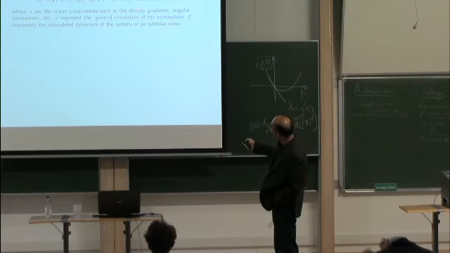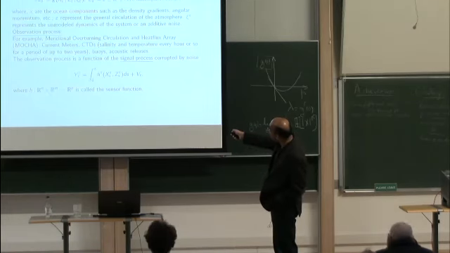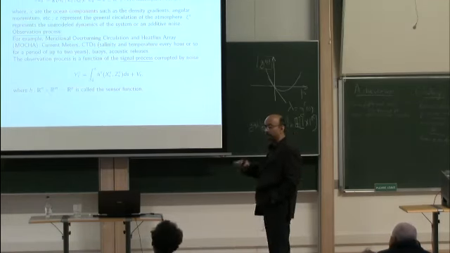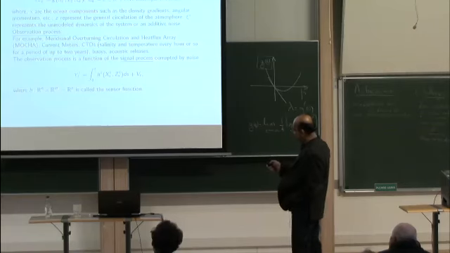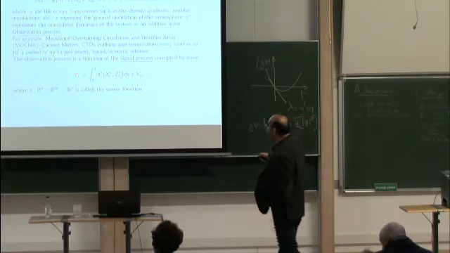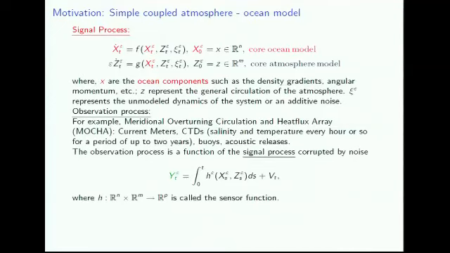And then X is my ocean model, which is slowly varying compared to the atmosphere. And I have data coming from various sensors, and y is a vector. Y can be a function of x, or it can be a function of x and z. So this is your multi-scale information.